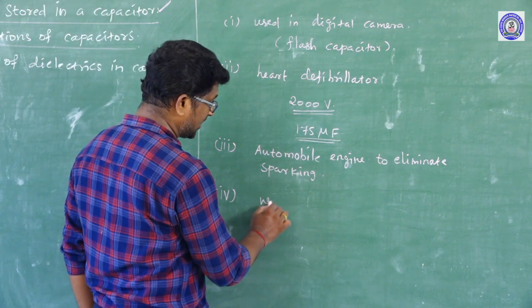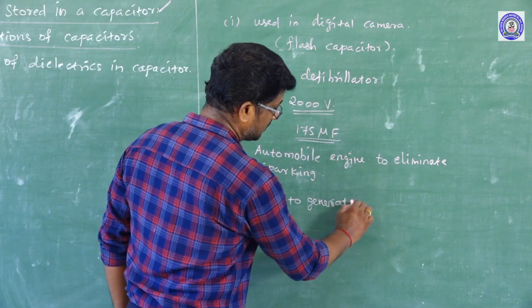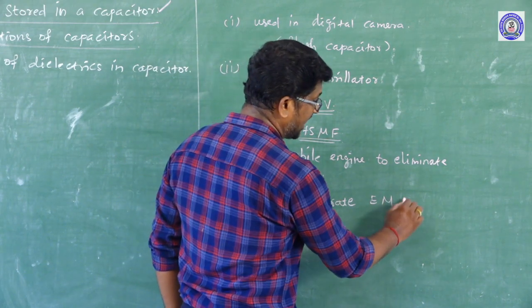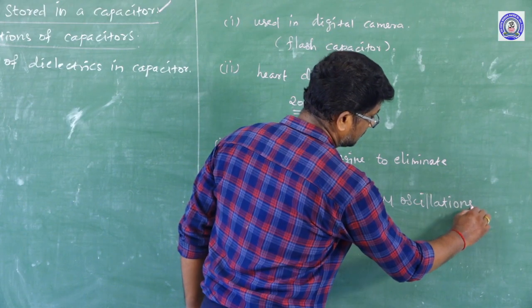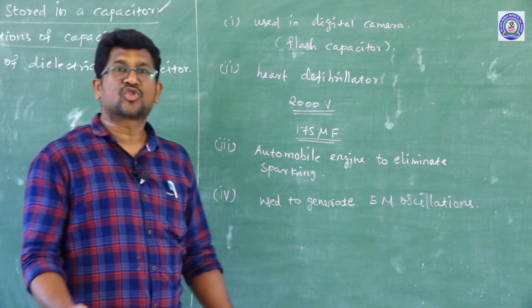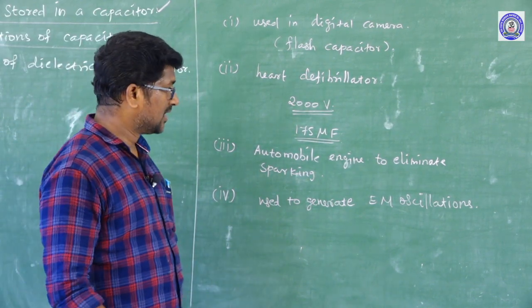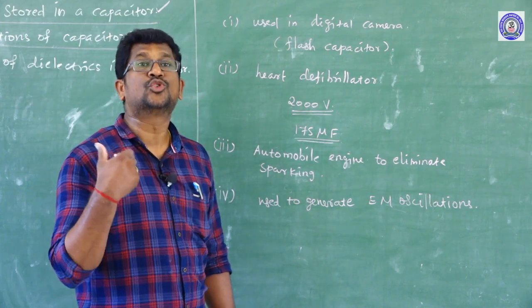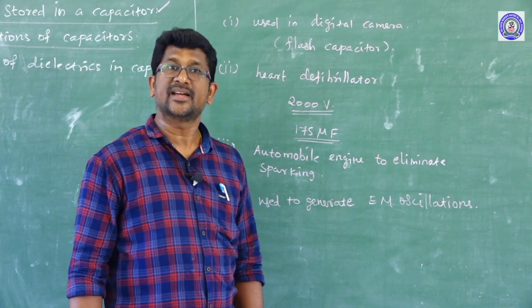And fourth, the capacitor is used to generate electromagnetic oscillations. There is an electronic device called the LC oscillator, which is used to produce electromagnetic oscillation.